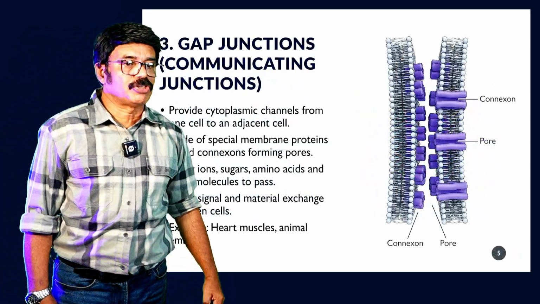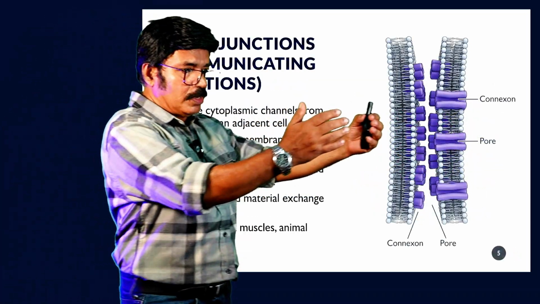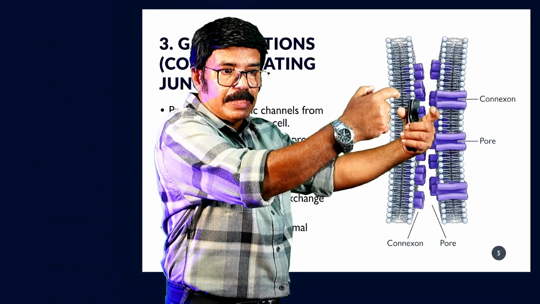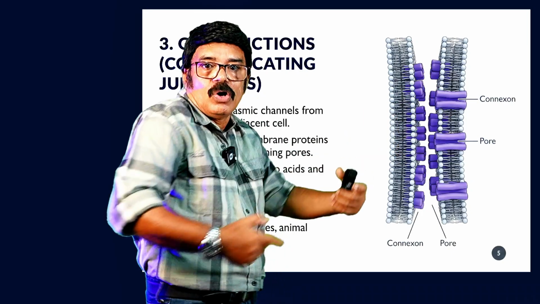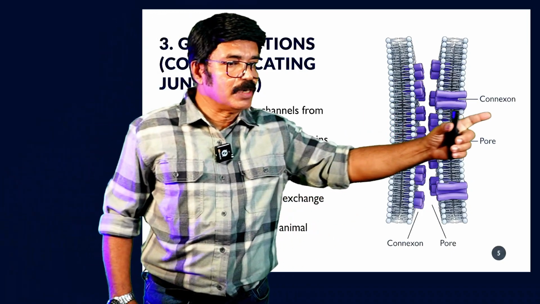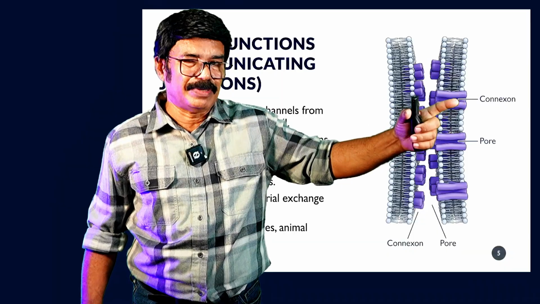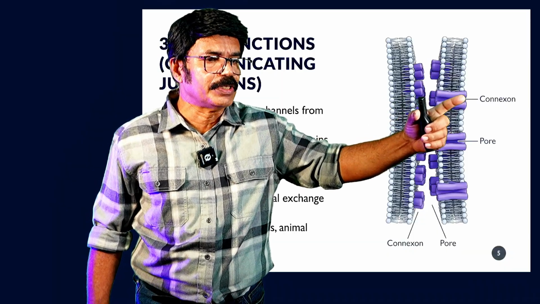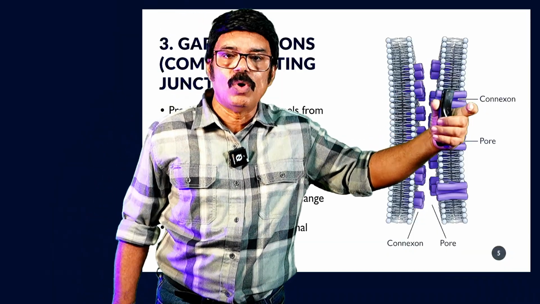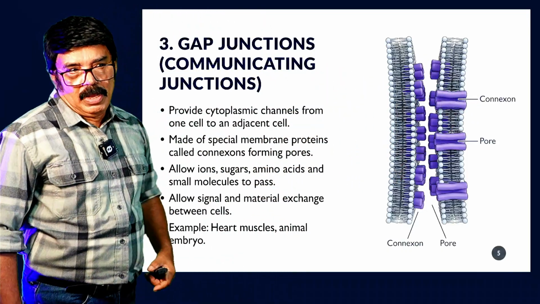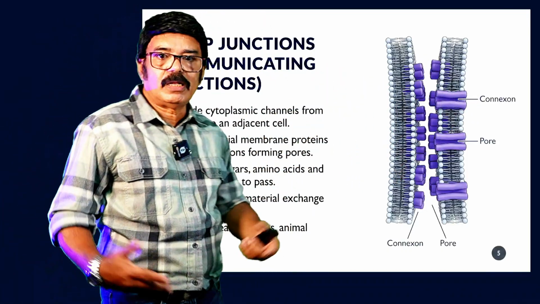Now, gap junctions. They are aligned, because from one cell to the other, through very tiny passages, materials can pass.